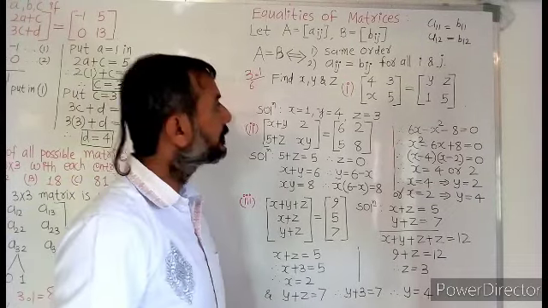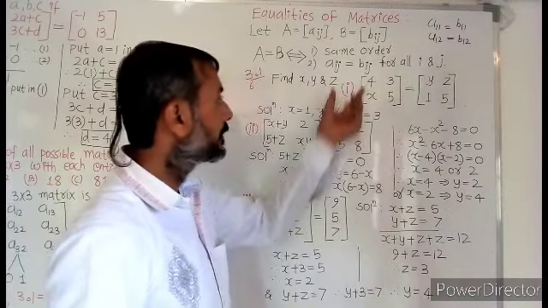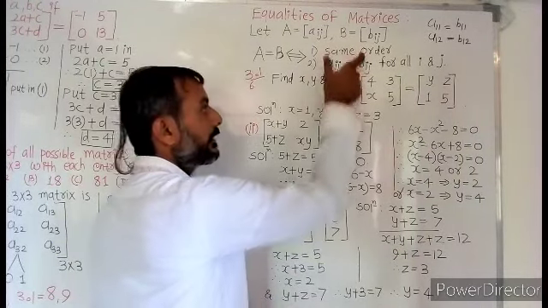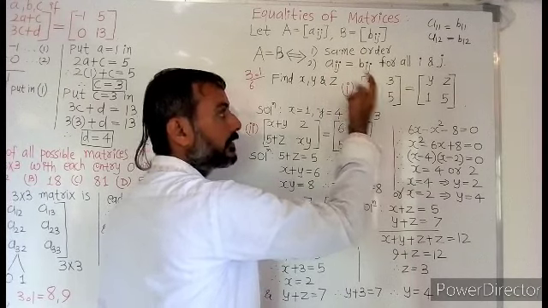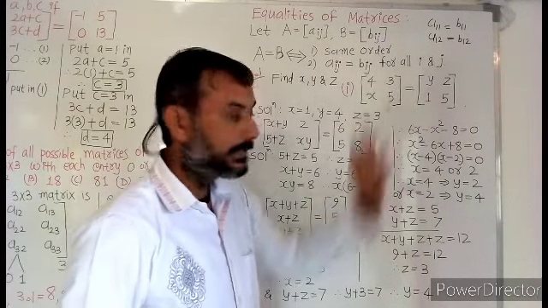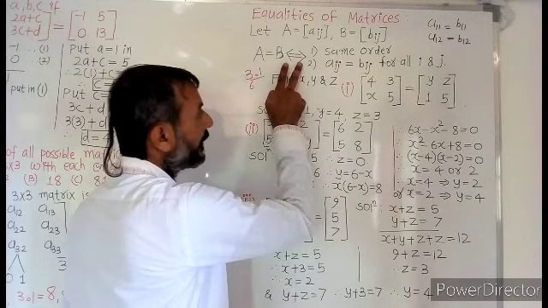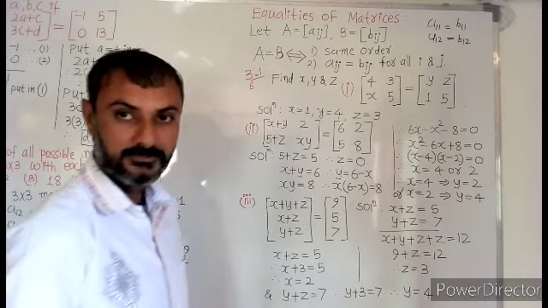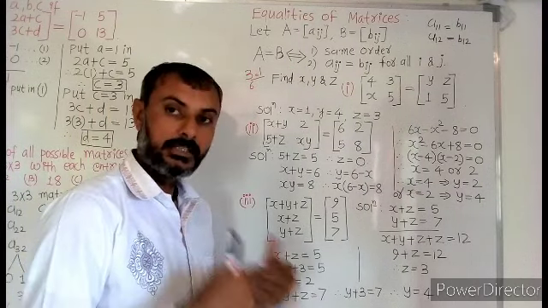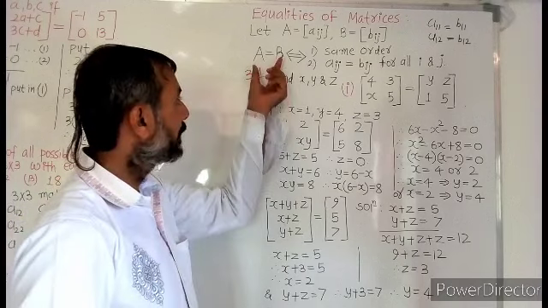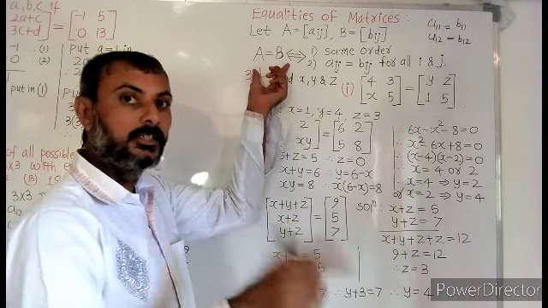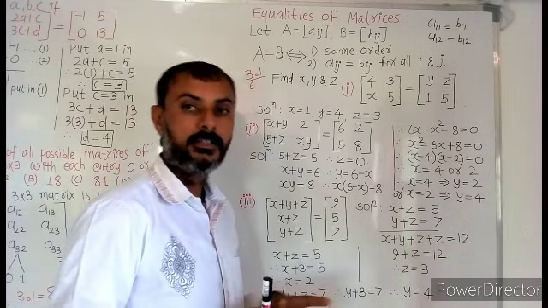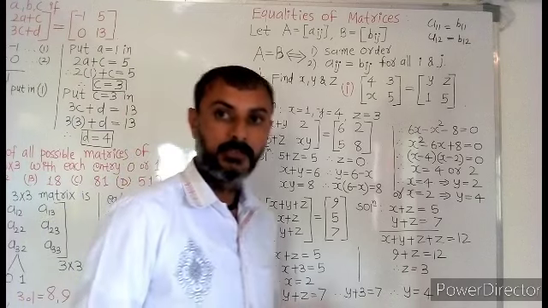In such a way, if A and B have the same order and aij equals bij for all i and j, then if and only if, A and B are equal matrices. In examples, sometimes the matrices are given in equality form, and from that we have to find some other variables.